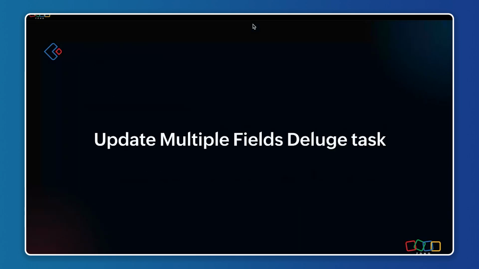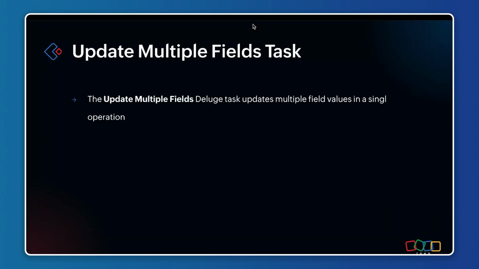Now, let's get into the next enhancement, which is the update multiple field Deluge task. So we have a Deluge task update, wherein if you have to update multiple fields within your form in a single operation, or within a single Deluge statement, then you can go with this update multiple field task.